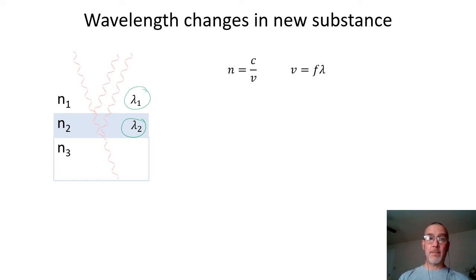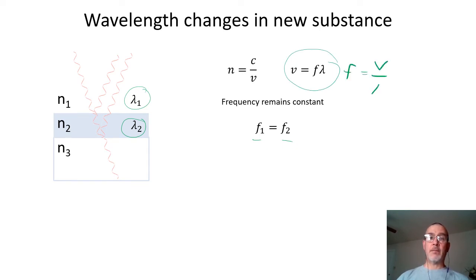The frequency depends upon the source of the disturbance, not the medium that it's traveling in. So the frequency remains the same. So if we have a constant frequency, then the frequency in the first substance is going to equal the frequency in the second substance. If we rearrange this equation, we can get that the frequency is going to be the speed divided by the wavelength.